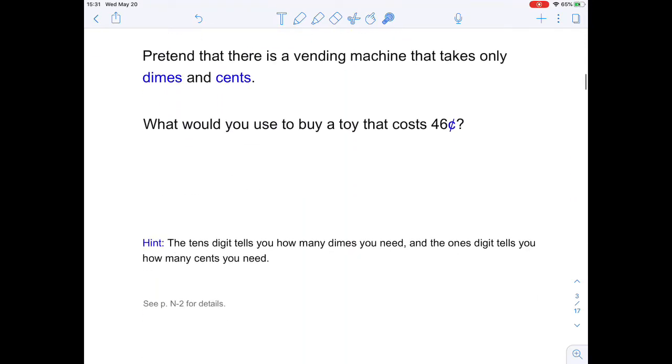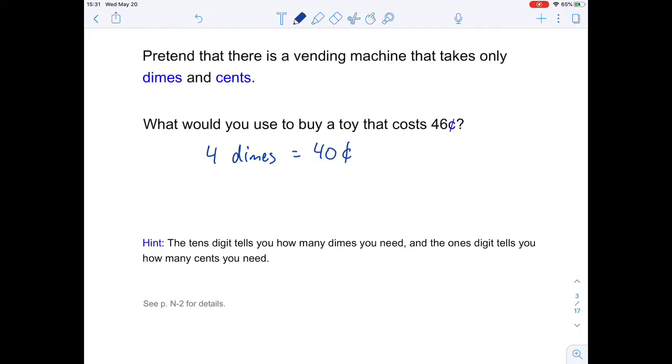Pretend that there is a vending machine that takes only dimes and cents. What would you use to buy a toy that costs 46 cents? And then there's a hint below that you can use to help you. So you could use a variety of different coins, but they're asking you to only use dimes and cents. So you would need 4 dimes, because that would make 40 cents.